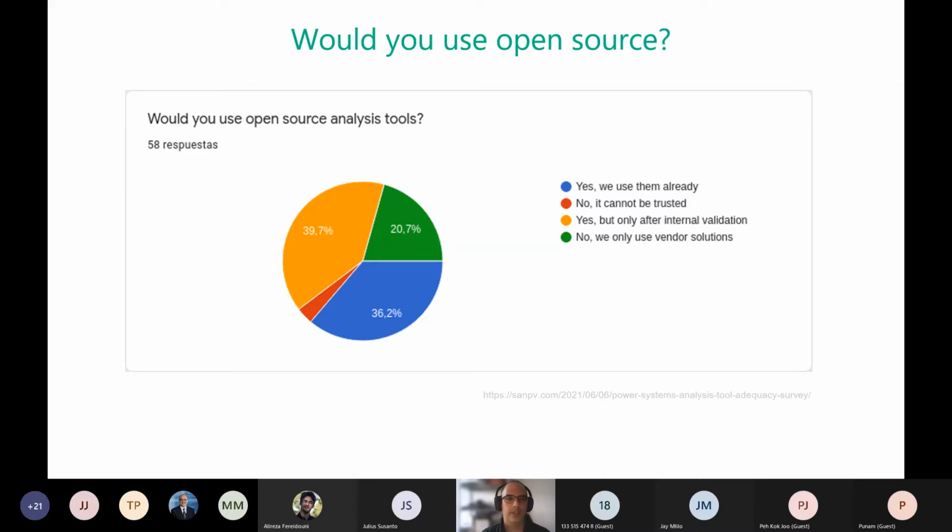Around 40% said yes, but only after internal validation, which is perfectly fair. And around 21% said no, we only use vendor solutions, but that doesn't exclude a vendor that sells you open source, as happens in the SCADA business. It's very common that whenever you buy a SCADA system, you ask for the source code. Exactly because of what I'm going to explain during this presentation.